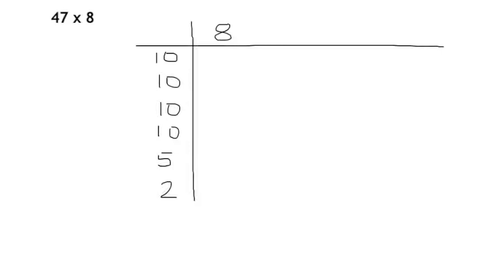To use the grid method, I multiply all the numbers in the vertical column with all the numbers in the horizontal row. 10 multiplied by 8 is the same as 8 multiplied by 10, which equals 80. Again, 8 times 10 is 80. 8 times 10 is 80.